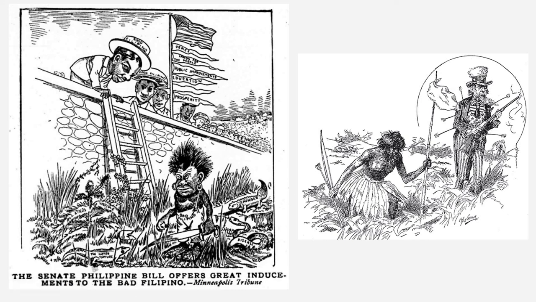It even says all kinds of trouble here. So he's literally looking down on this native person. And over here we have Uncle Sam once again representing the United States with arrows in his back, and the native here with a flag of surrender flying.